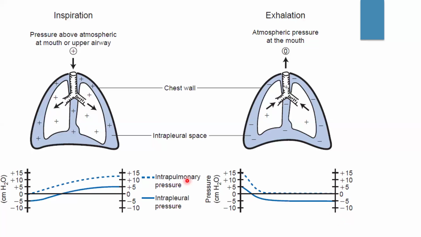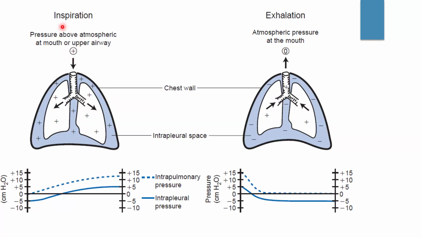See, this is the graph of positive pressure ventilation. Suppose at rest the pleural pressure is -5, and we are applying a positive pressure to the upper airway. This will be initially transmitted to the intrapulmonary pressure, so the intrapulmonary pressure becomes 0 and then moves up from 0 to positive, maybe around 12.